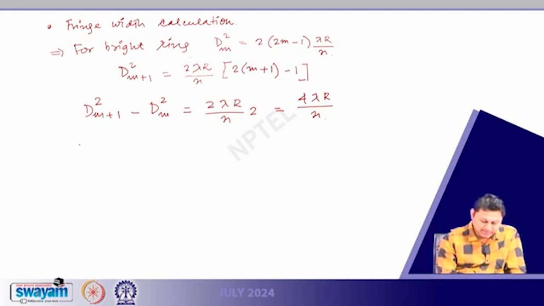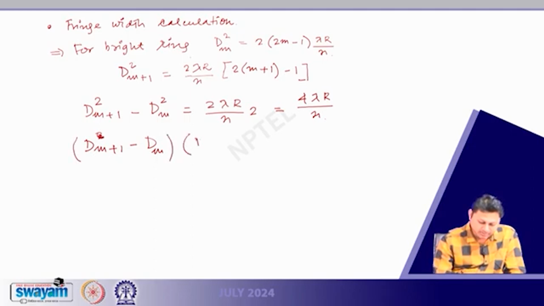Now, I write this as dm plus 1 square minus dm square, which is dm plus 1 minus dm times dm plus 1 plus dm.